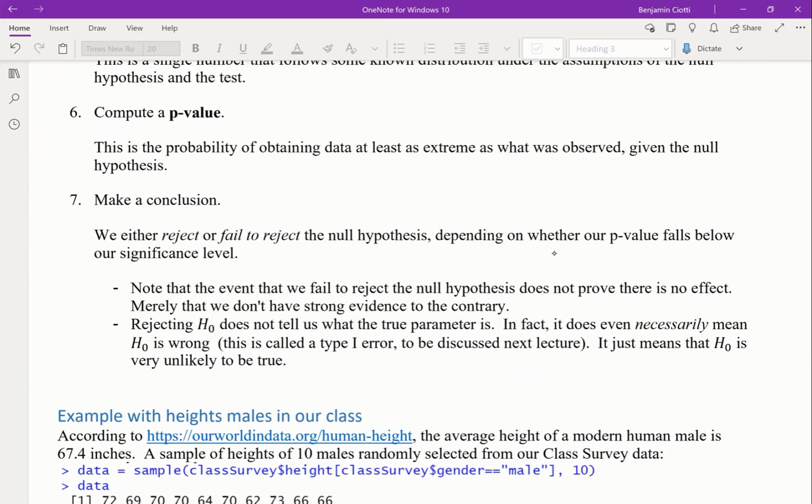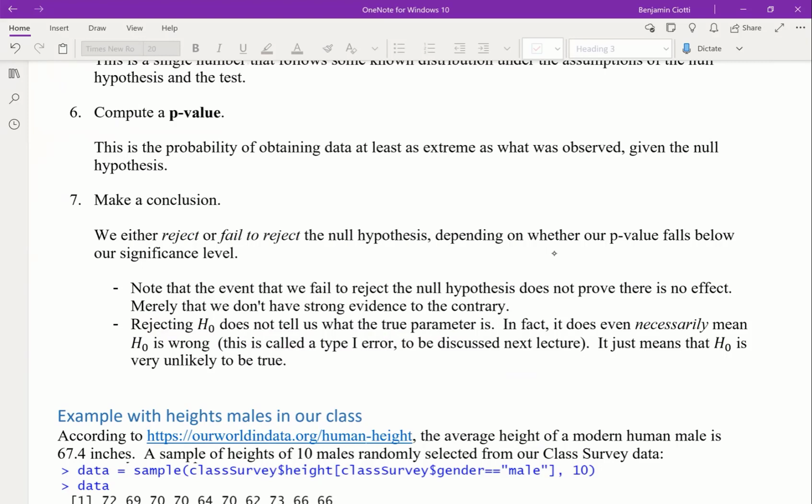Another note about our conclusion. Hypothesis testing doesn't really give you very much information. For example, it doesn't tell us what the true parameter is. It just tells us that the null hypothesis is probably wrong.